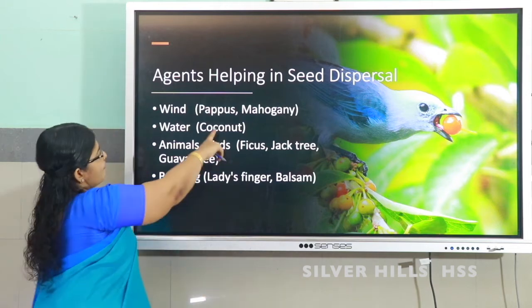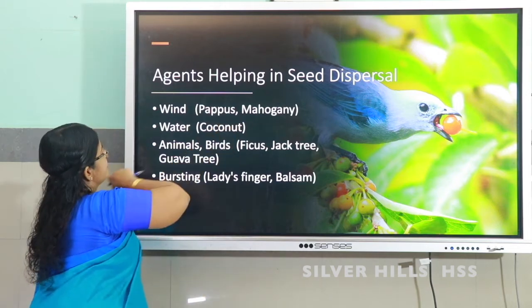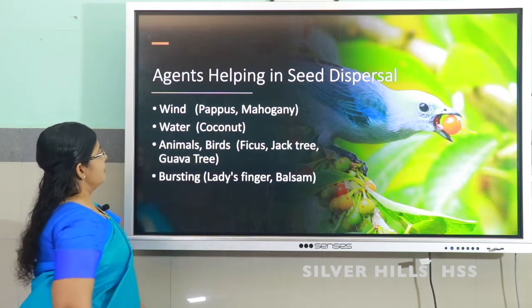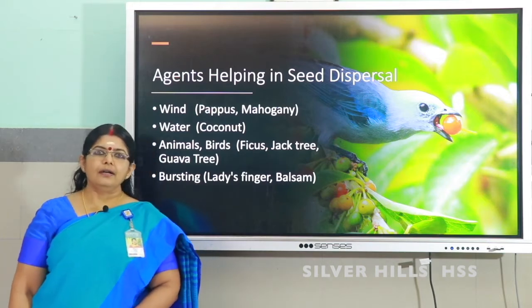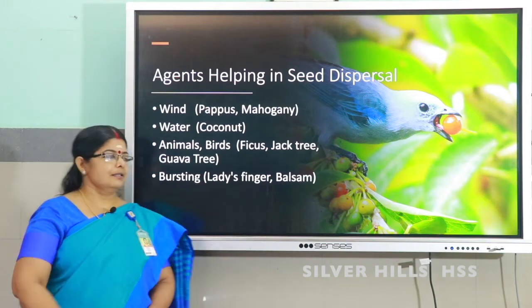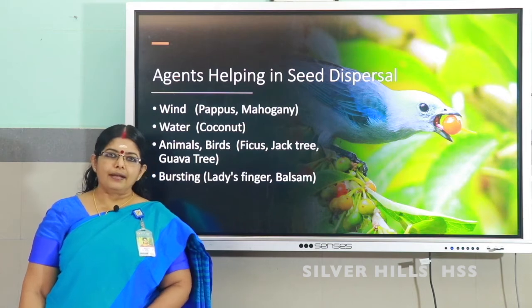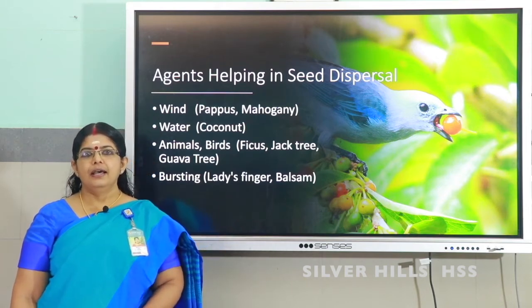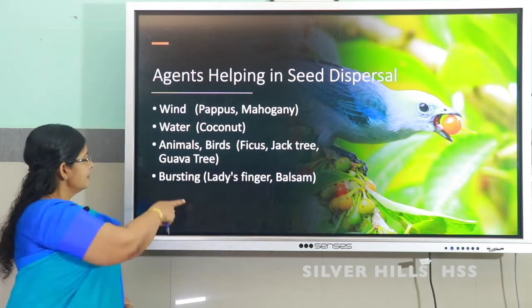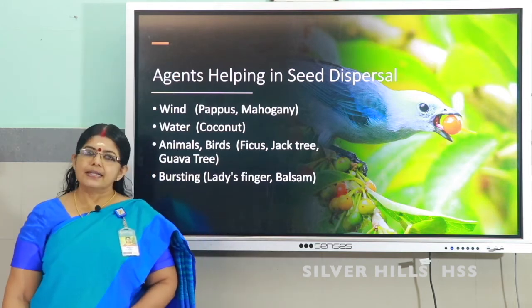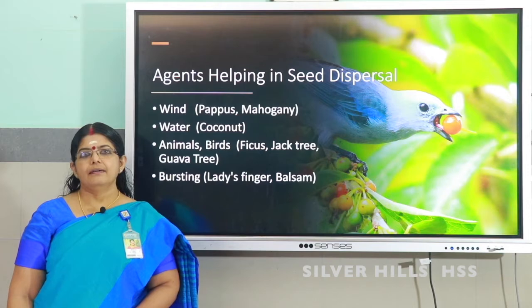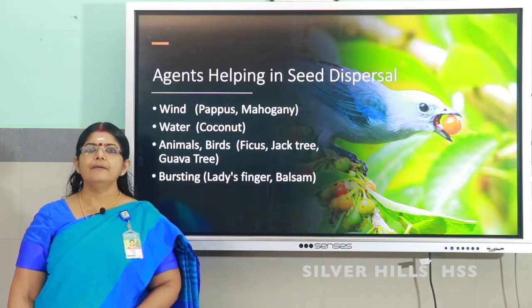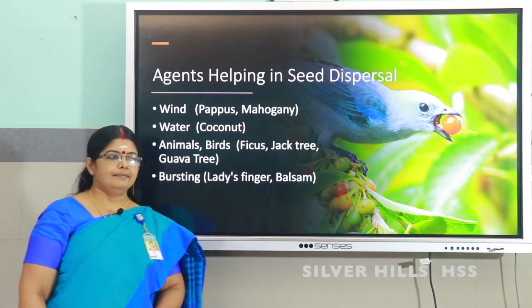Example: pappus, mahogany, etc. The next, water. Dispersal through water. Example: coconut. Dispersal through animals and birds. Example: ficus, jackfruit and guava fruit. Dispersal by self-bursting. Example: seeds of lady's finger, then balsam.